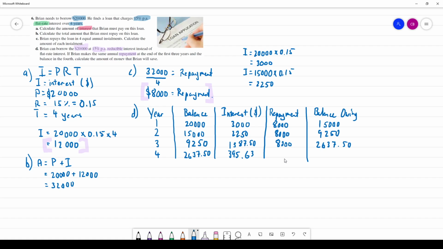And our repayment, we want our balance to be 0 at the end of the 4th year, because it says, and the balance in the 4th year, that's the payment in the 4th year. So the balance is going to be whatever we have to pay to make it 0. So that'll be 2,637.50 plus 395.63, which will be $3,033.13.